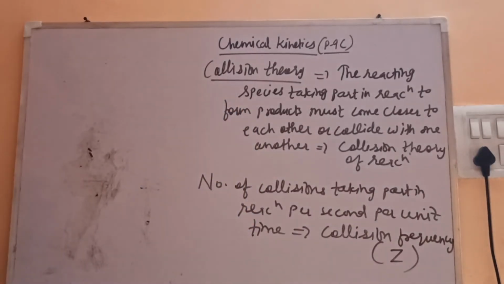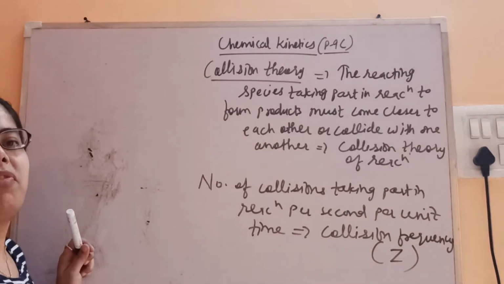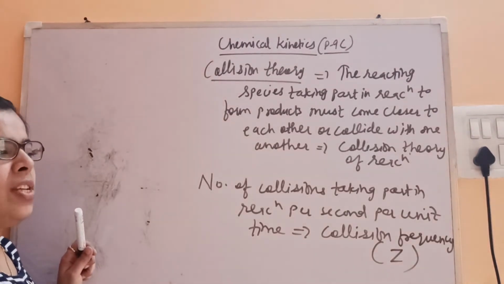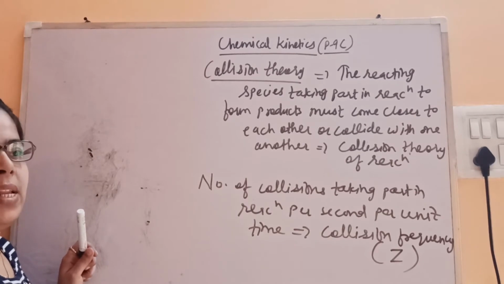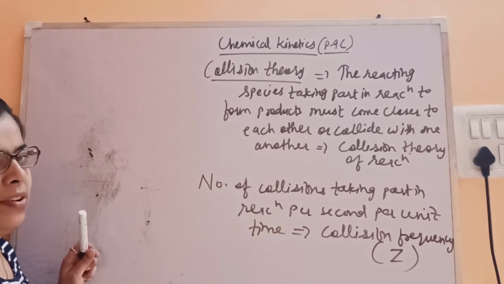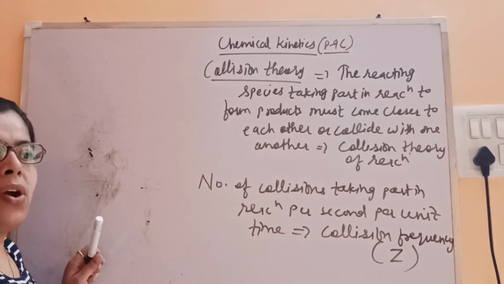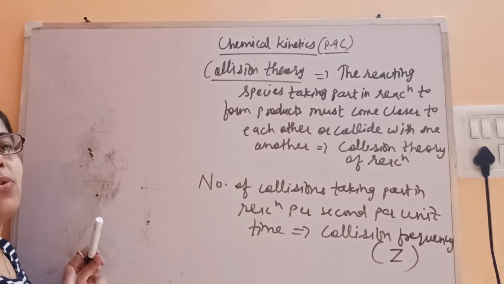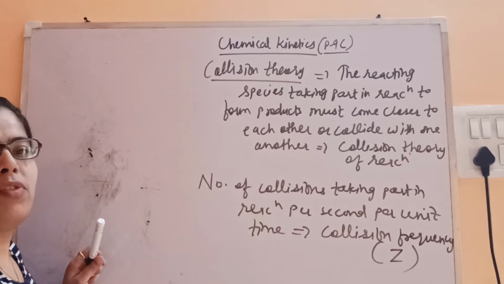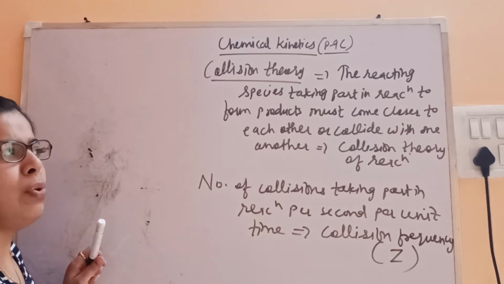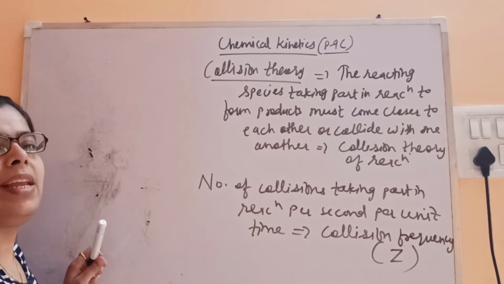Now, whatever collisions are taking place, collisions have to be effective. All the reacting species are taking part in the reaction, but if the collision is not proper, not effective, then it will not lead to the formation of products. There is no use if they are colliding, it is meaningless.